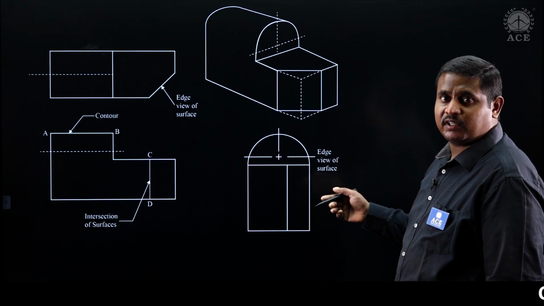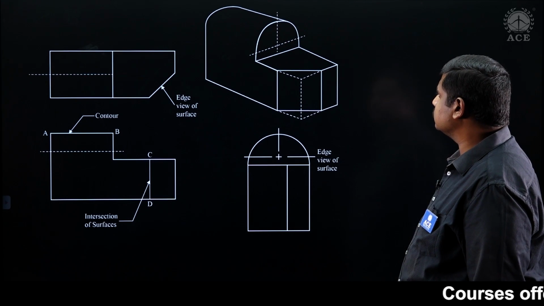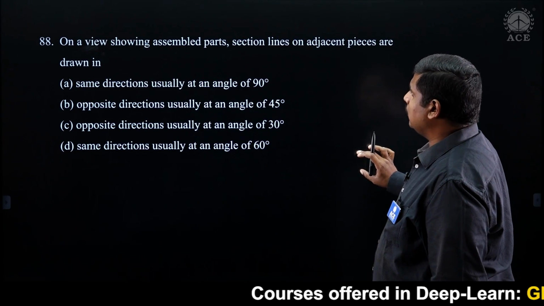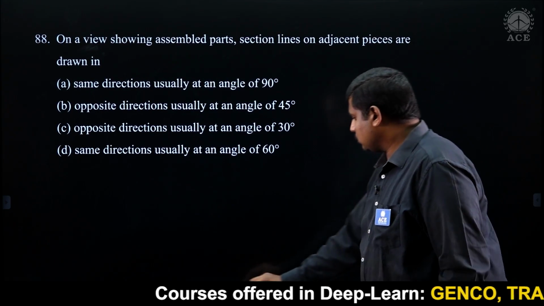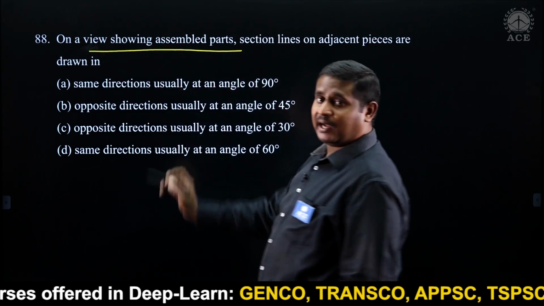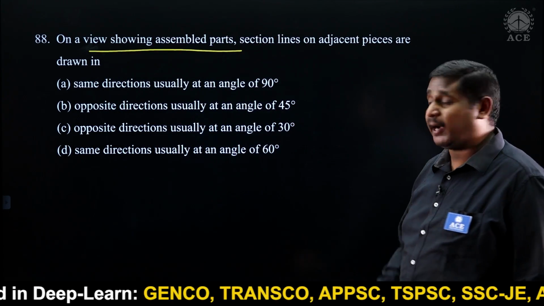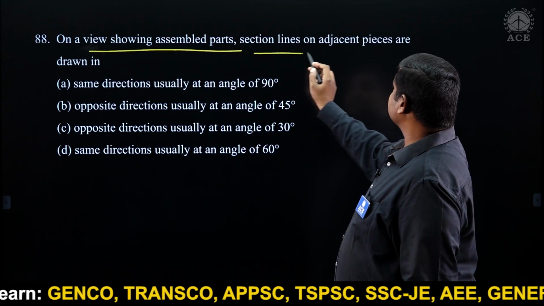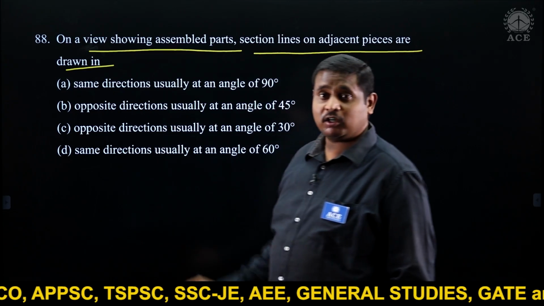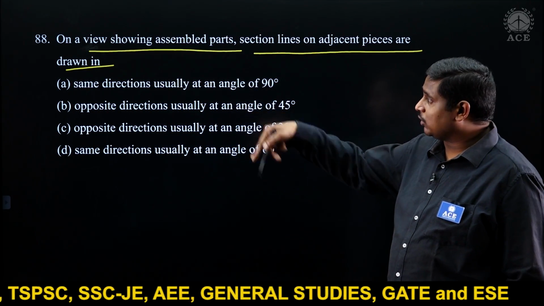Now let us move ahead with the next question. Observe the question. On a view showing assembled parts, section lines on adjacent pieces are drawn in. My dears, what are the options?